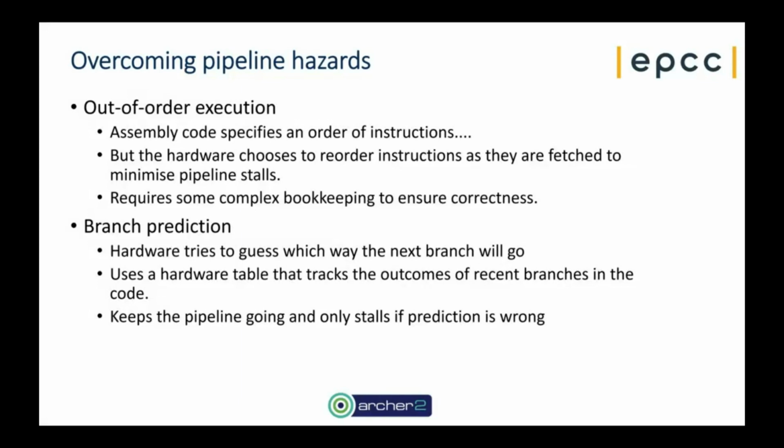So branch prediction speculates which path in the code will be taken next, and that can be done based on various heuristics and collecting data over time of what's happened as the code's been running.